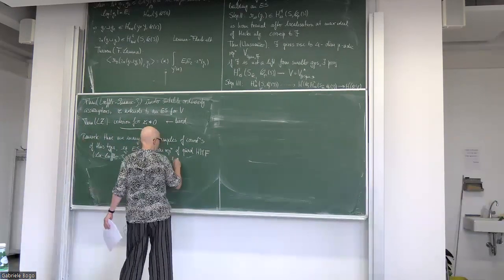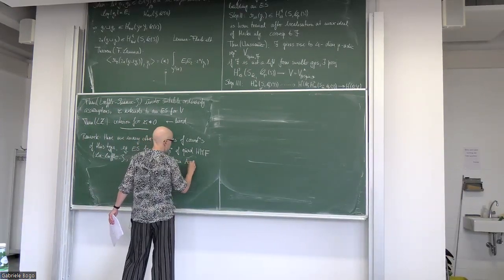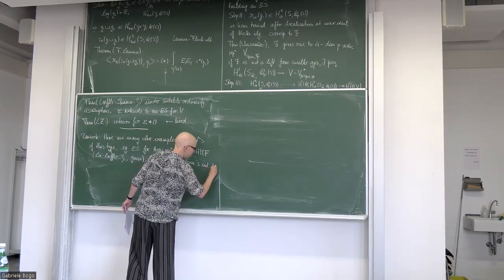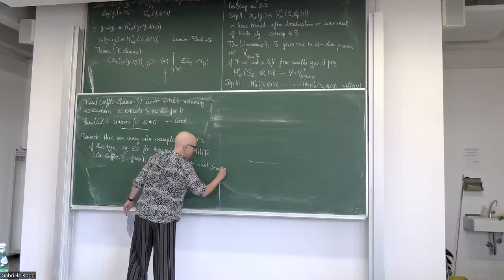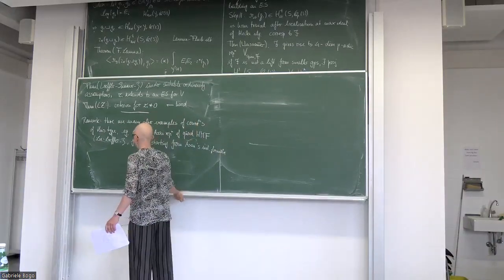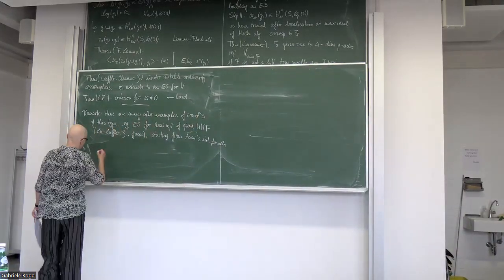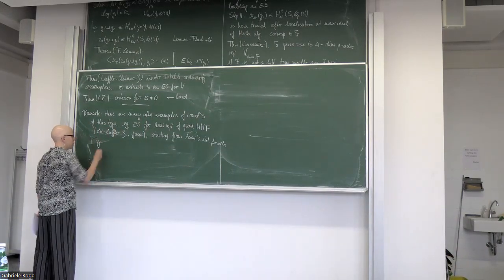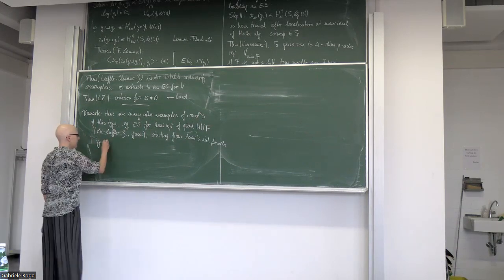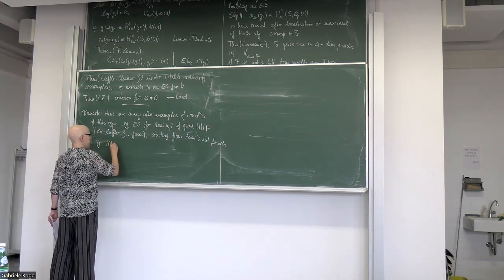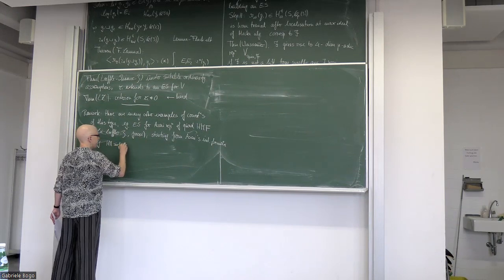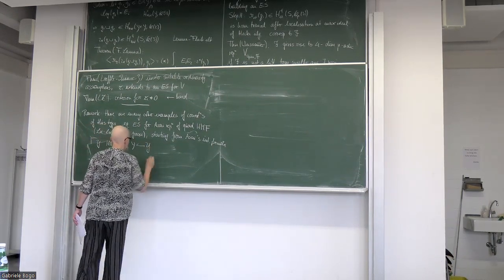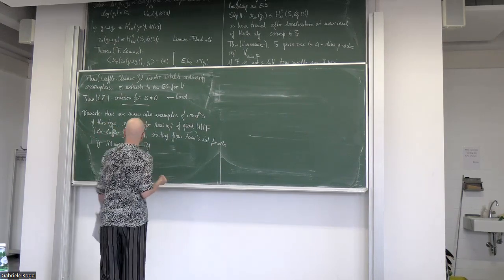Just in a nutshell: if we write curly Y for our Hilbert modular surface, then there is a natural embedding of a modular curve into the Hilbert modular surface.